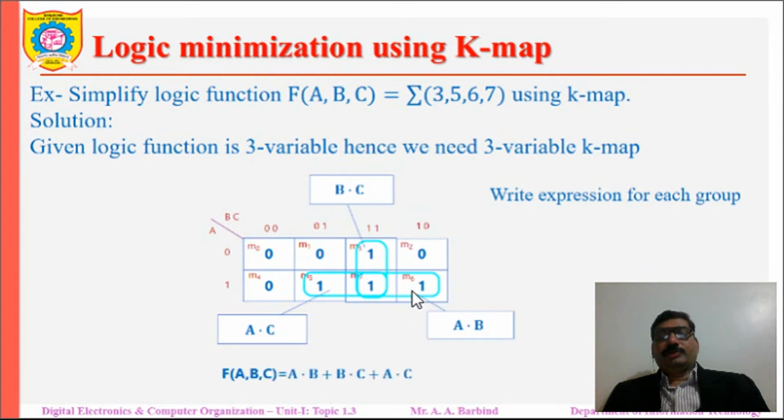Then we write the expression for the logic function f of a, b, c as the sum of these products, the sum of the product for each group, which is AB or BC or AC.